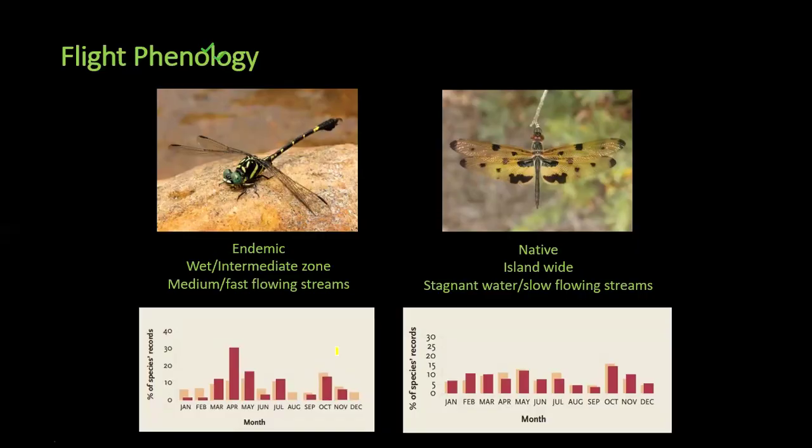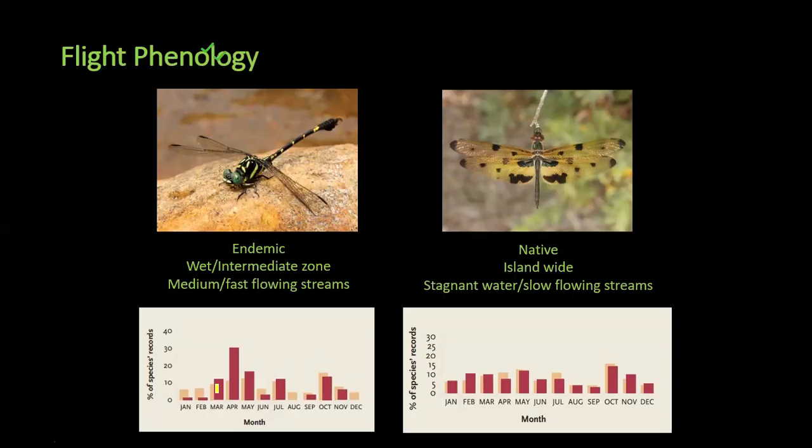The charts below have been taken from a publication on Sri Lankan odonates. They show how the number of individuals, the number of observations, varied during the different months. You can see that this particular individual, again an endemic species to Sri Lanka, is generally seen from April, May, June, July, the period when we get the southwestern monsoon.